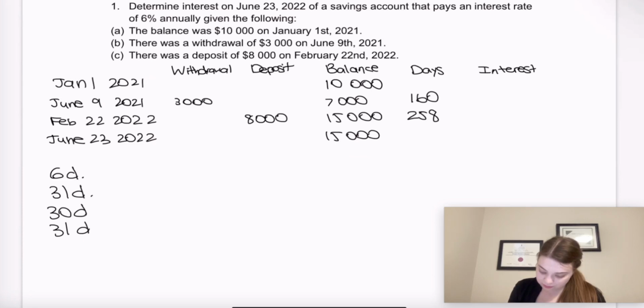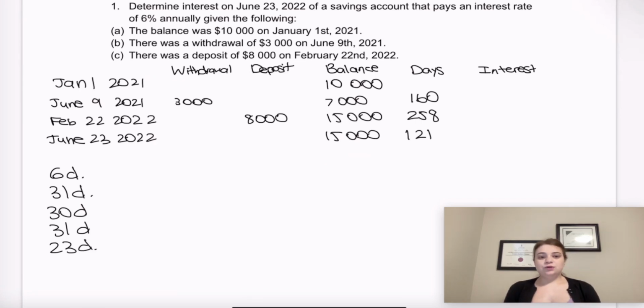And then June would be just the 23 days because we're only including up to the first 23 days of June. So if I add that up, I get 6 plus 31 plus 30 plus 31 plus 23, a total of 121 days. All right, so now we finished the days calculation, and we would like to figure out the interest.